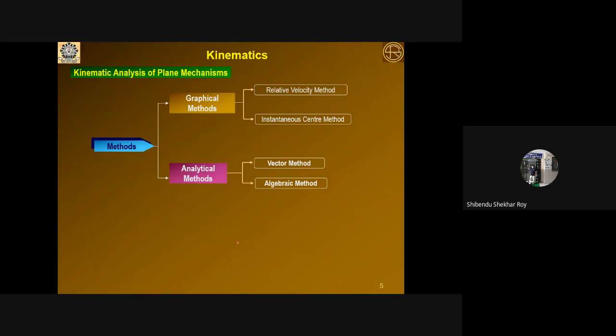But if it is spatial, the vector method is more efficient. So I will cover only the vector method, because it is a more generalized way to represent your mechanism, or you can model its motion. Based on that, most of the CAD software and multi-body dynamic analysis software has been developed. So this is the advantage.